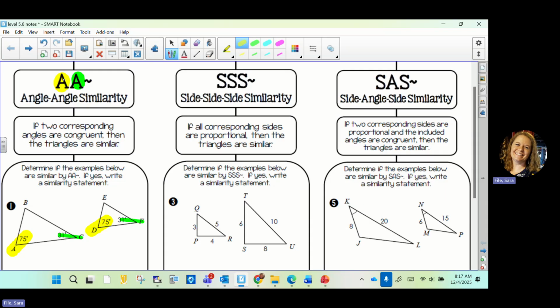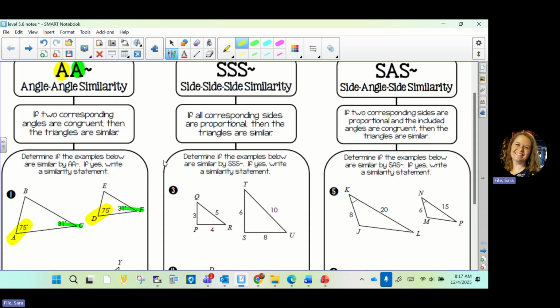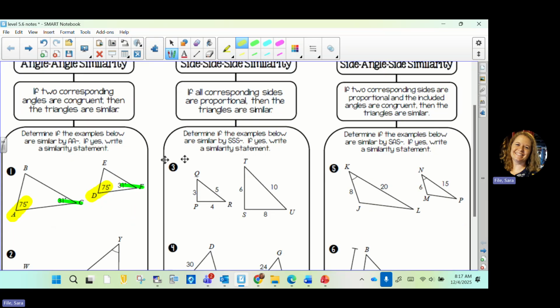So once we know that they're similar, we need to be able to write the similarity statement. Okay, we talked about this before. So let's just write the similarity statement one more time. So it's going to be triangle, and then we name it, is similar to triangle, and then we name it.